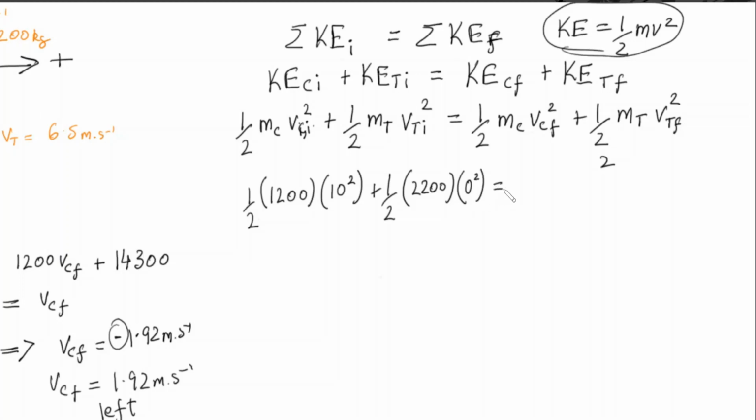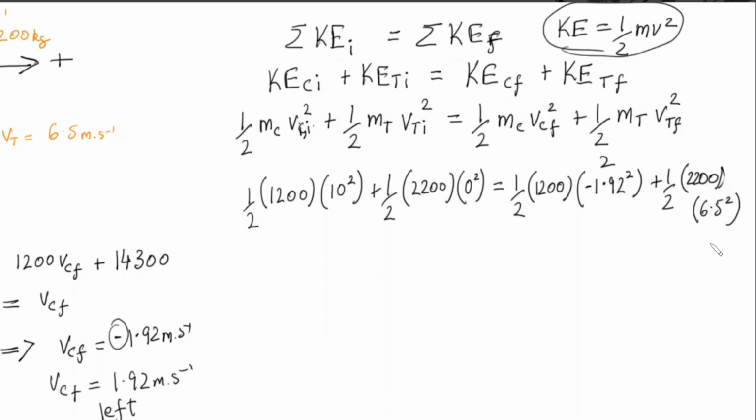And that's going to be equal to a half times the mass of the car again, which is 1200, times the velocity, which we worked out to be negative 1.92, but the square of a negative is just going to be a positive, but I'll put a negative in there because it's good practice. And we'll go plus mass of the truck again, which is 2200, multiplied by the velocity, which is 6.5, squared.